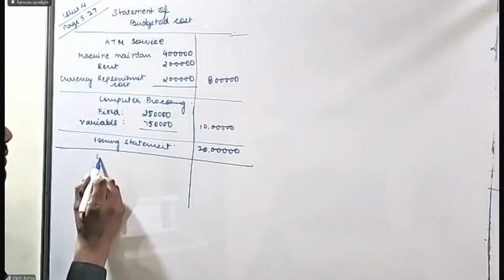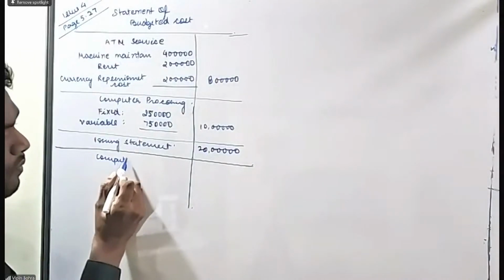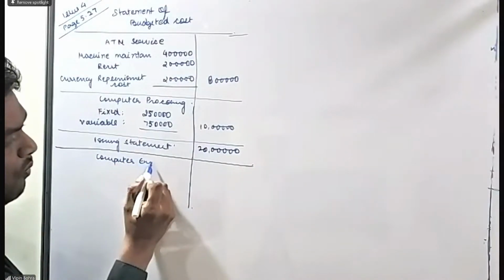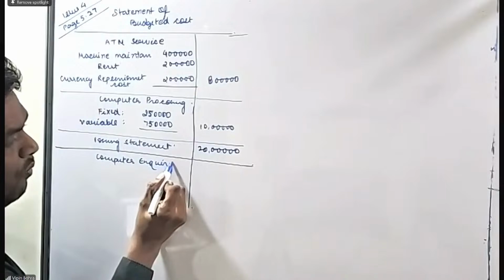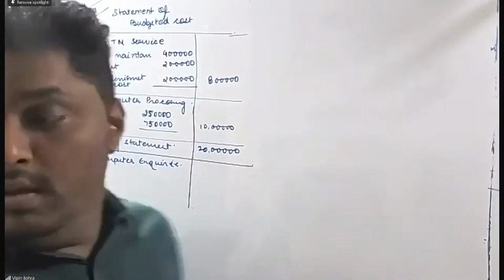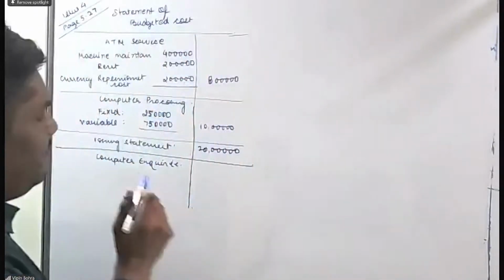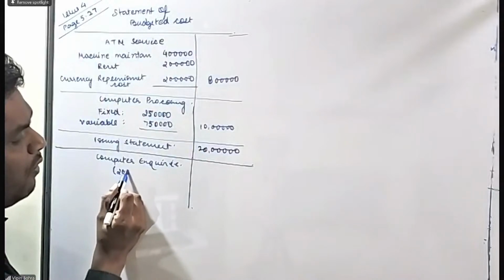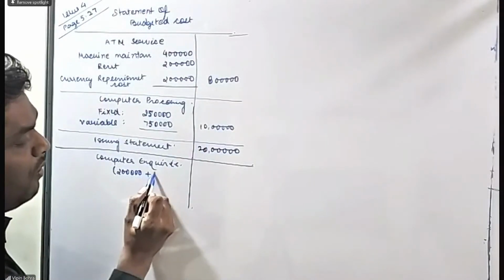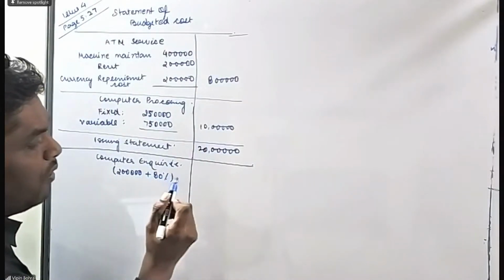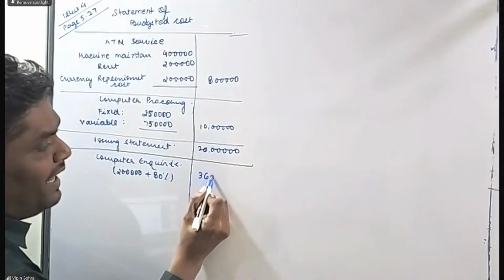The next one is the computer inquiries. The total cost for the present period is given, that is 2 lakh, and it is estimated to increase by 80% during the budgeted period. So 2 lakh plus 80% will be 3,60,000.